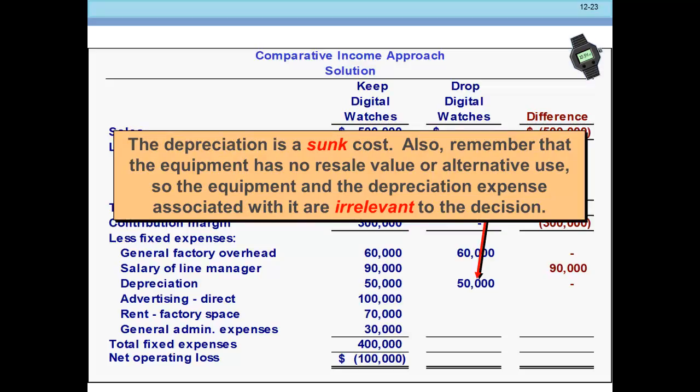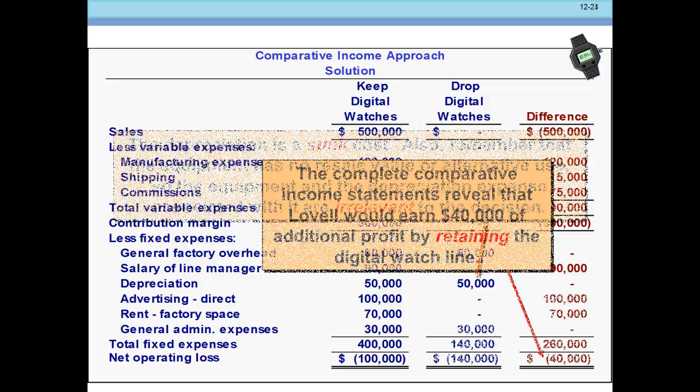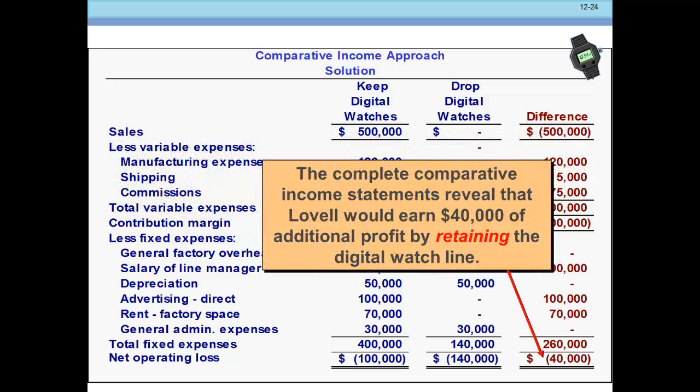The equipment has no resale value or alternative use, so we can't get rid of it or use it elsewhere. So the equipment and the depreciation associated with it are irrelevant to the decision. We compare the contribution income that we would lose to the fixed costs that are avoidable, and we see that we would lose $40,000 if we close the division. The lost contribution income is $40,000 greater than the avoidable costs.